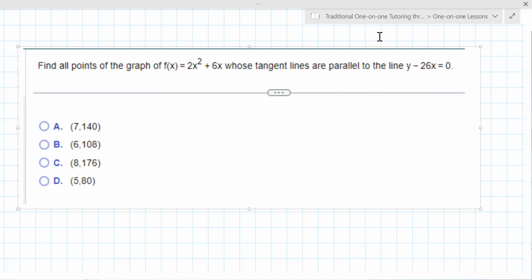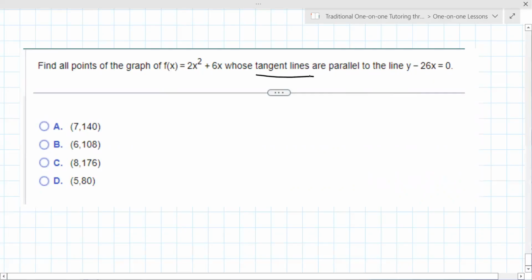Okay, it says find all points on the graph of the function whose tangent lines are parallel to a given line. Whenever you see tangent lines, that means slope, and slope means derivative. We'll get to this parallel stuff in a moment, but you've got to be able to take a derivative. 2 times 2 is 4, so 4x plus 6, that's your derivative. Now on the right here, if we rewrite the equation by moving the 26x to the right, it's y equals 26x. This has a slope of 26.